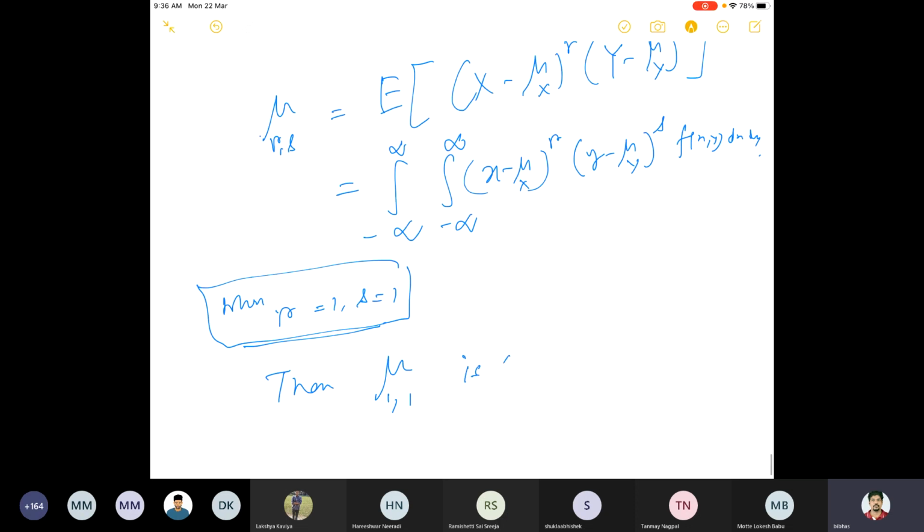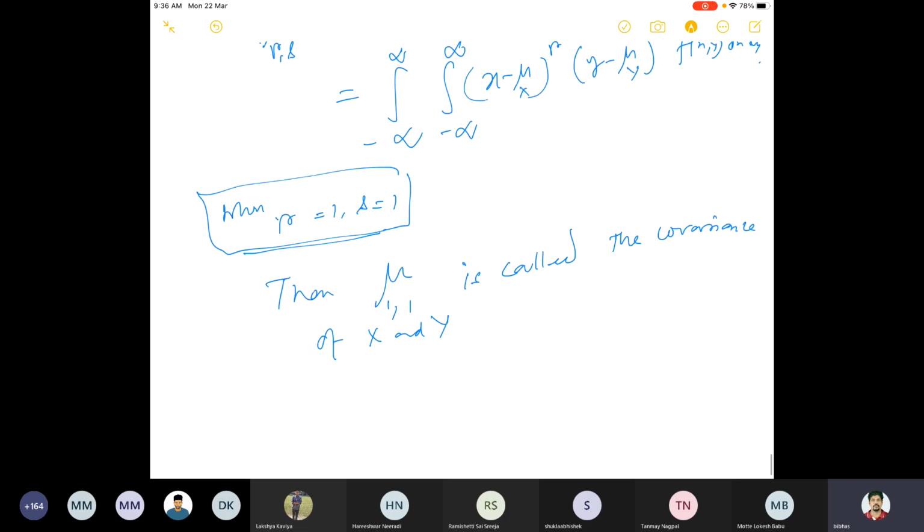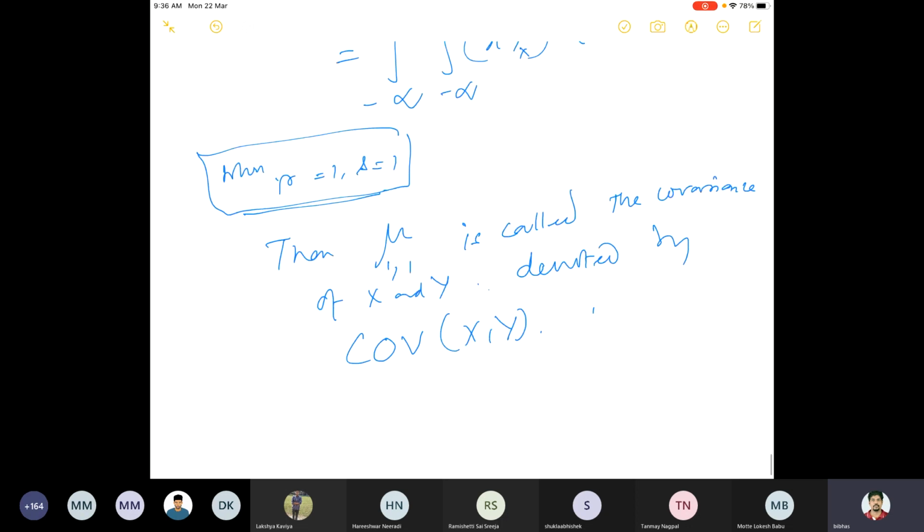Mu11 is called the covariance, and this is a very important concept of x and y, denoted by, for the case of discrete. Otherwise, it's just called covariance. Covariance of x and y, or sometimes also written c of x, y.